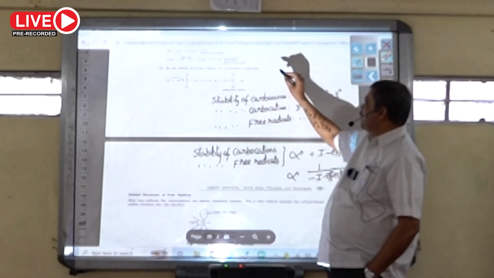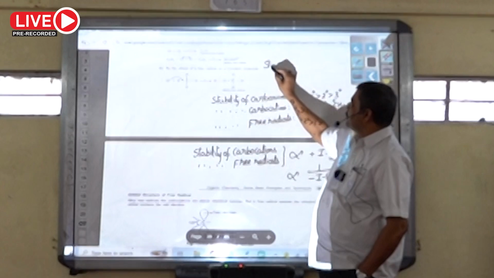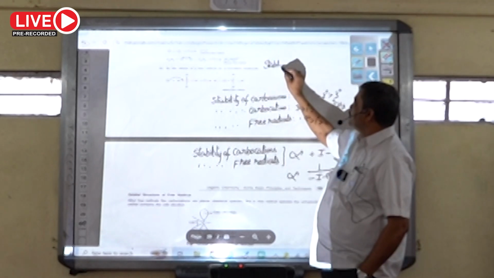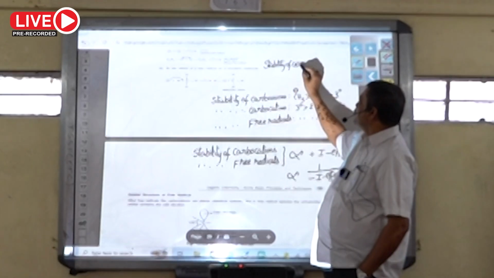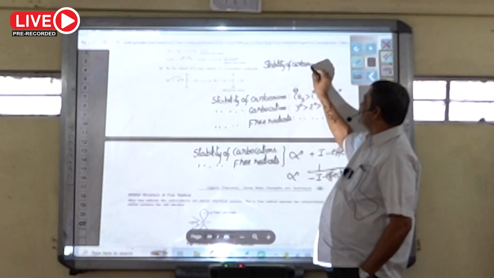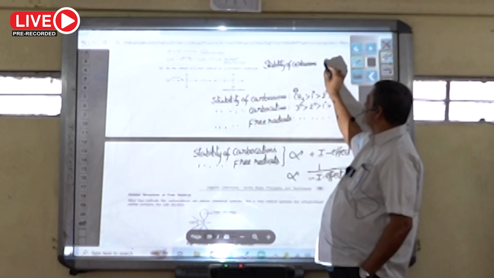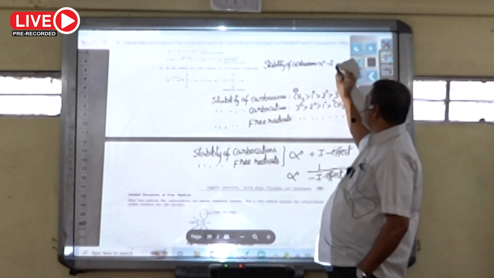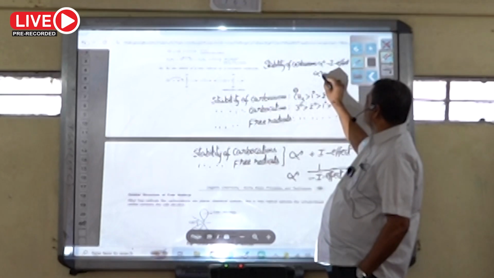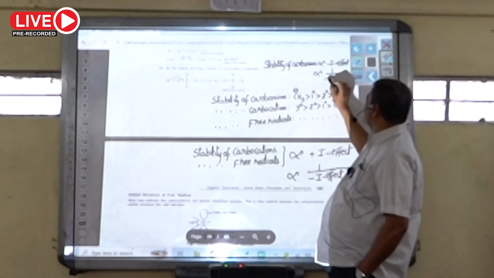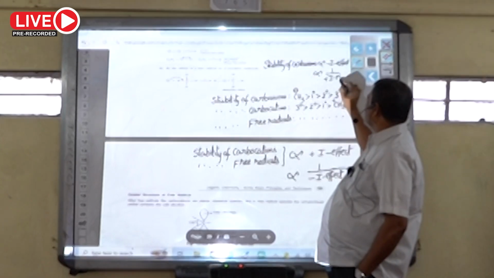Similarly, stability of carbanions is directly proportional to minus I effect, inversely proportional to plus I effect.